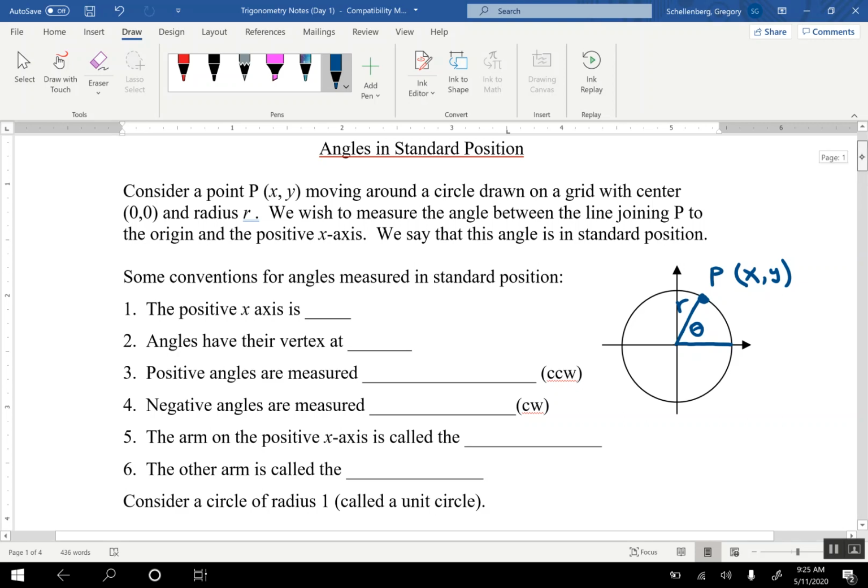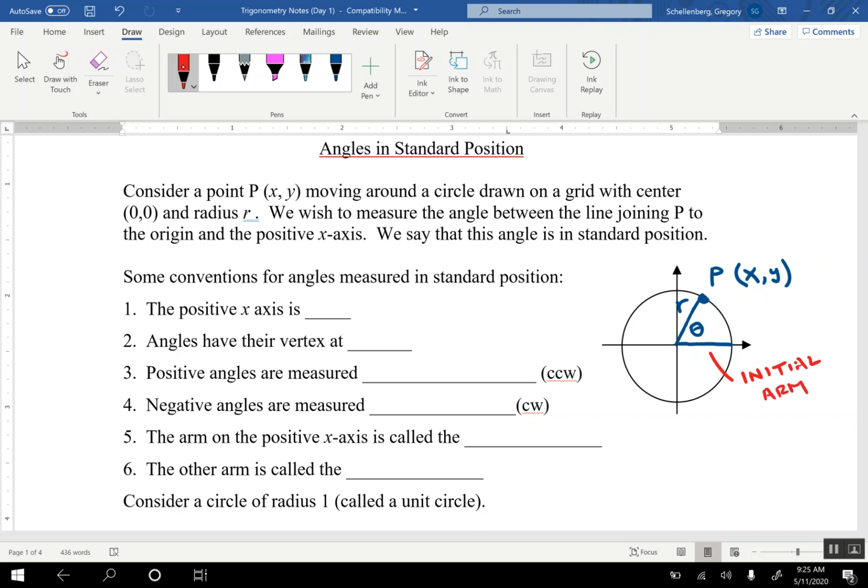So an angle in standard position is measured from the initial arm. Let's label that. This is the initial arm, and the initial arm is the positive portion of the x-axis. And if it's a positive angle, it's measured counterclockwise from the initial arm to the terminal arm.